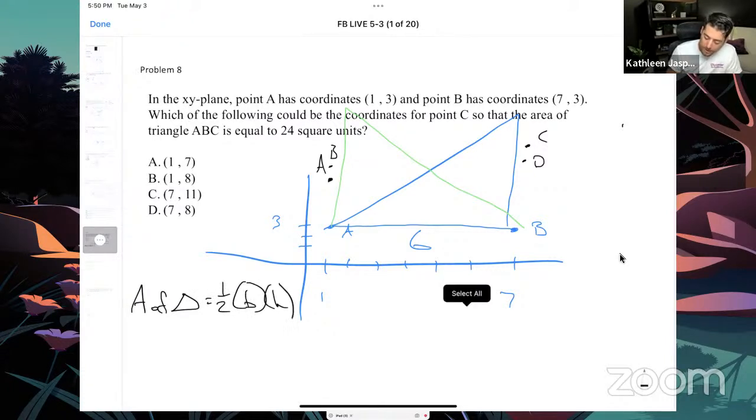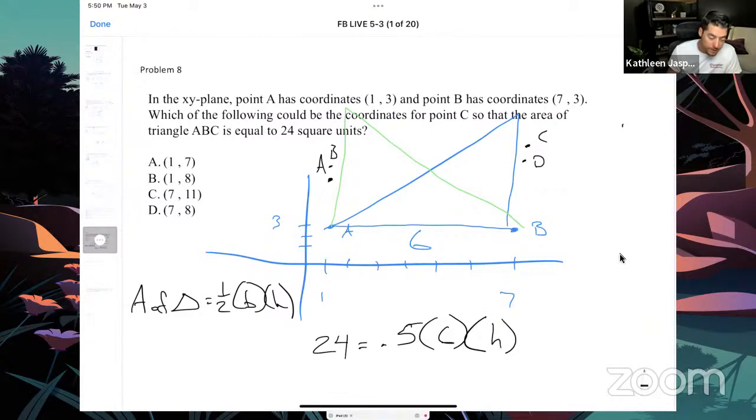Okay. Well, if I know that our triangle is 24, and that's equal to 1/2, we'll just turn 1/2 into 0.5 because that makes things easier, with a base of 6. And I know it's got to be 24. So I got to find what my height is.